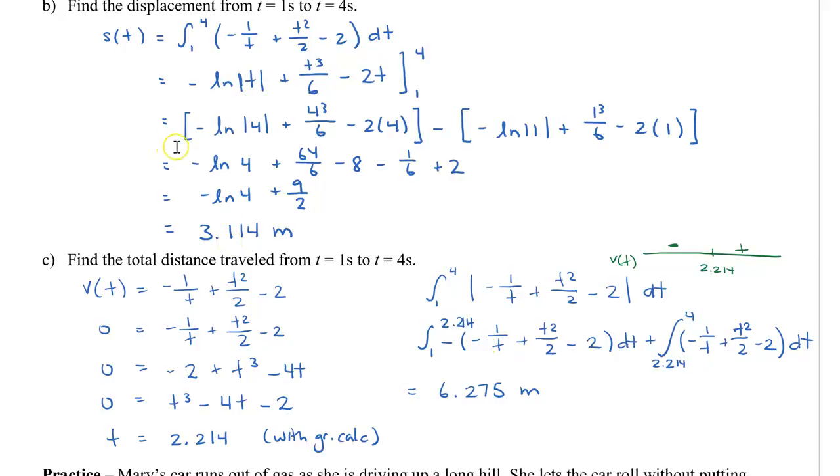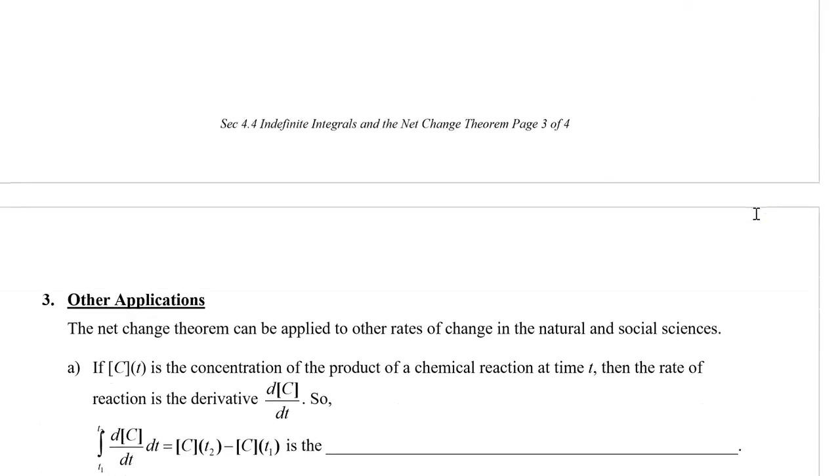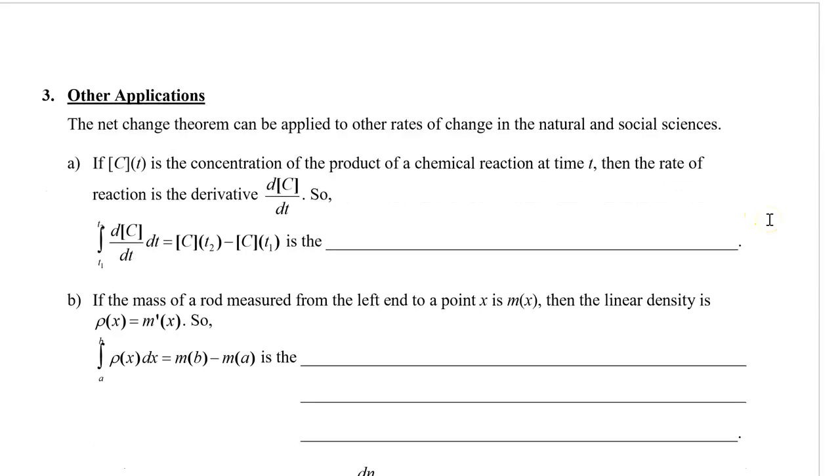Now, finally, what I want to end with is just to show you some other applications of the net change theorem. And it can be applied to other areas in the natural and the social sciences. So, for example, if C of t is the concentration of the product of a chemical reaction at time t, then the rate of reaction is the derivative dc dt. So we have the integral from t1 to t2 of dc dt, and this will equal c of t2 minus c of t1.